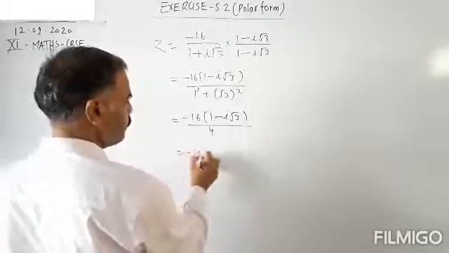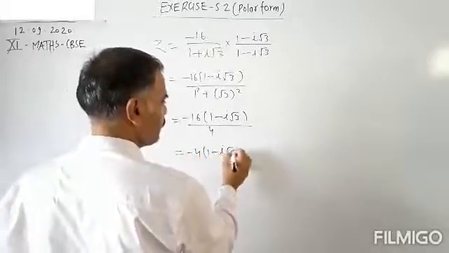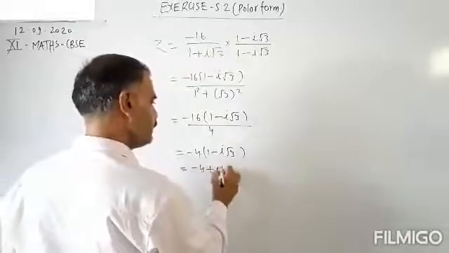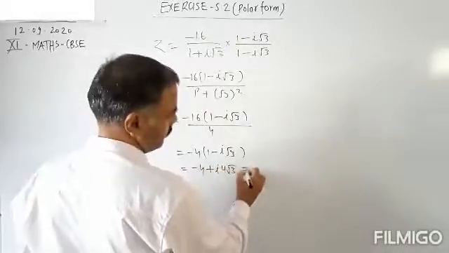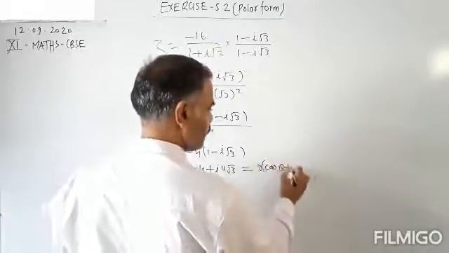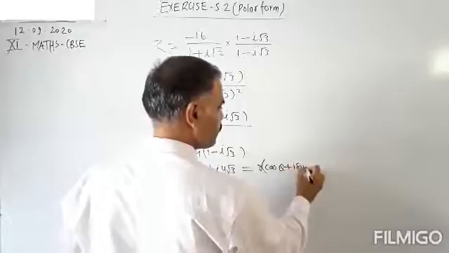So minus 4 into 1 minus iota under root 3 equals minus 4 plus iota 4 under root 3. This equals r cos theta plus iota sin theta.